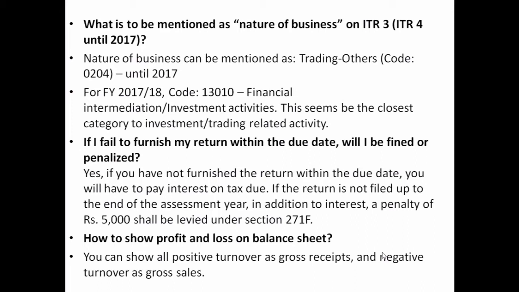For the latest updates, you can visit the website I have given in the description box and check the latest codes. For financial year 2017-18, the code is 13010, financial intermediation investment activities, and this seems to be the closest category to investment or trading related activities.